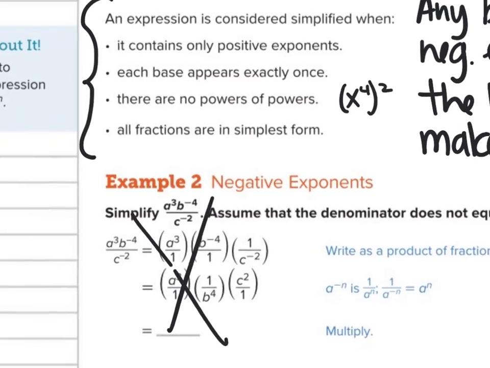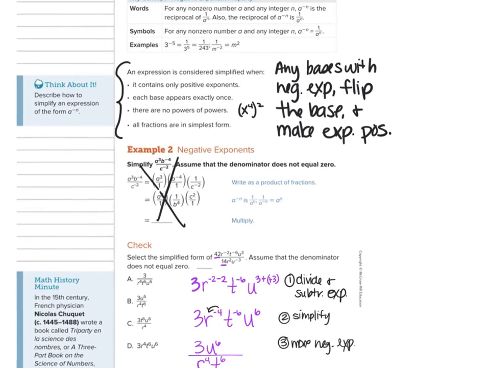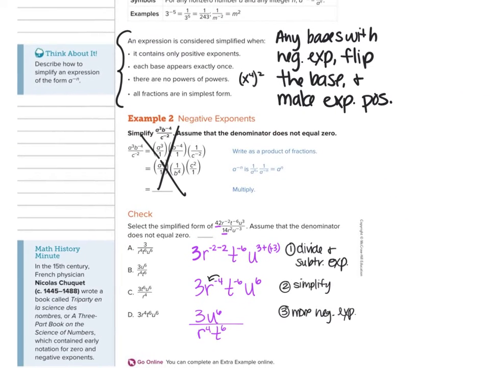Does it only contain positive exponents? So looking at our bottom, are all those exponents positive? Yes. Do all of the bases, so like the variables and the numbers, so those only appear one time? Like is there one u, one r, one t? Yes. Are there any powers of powers, so like that exponent outside of the parenthesis?